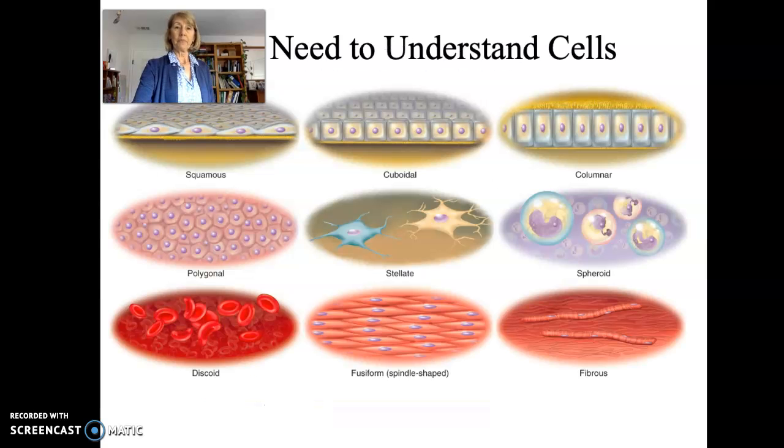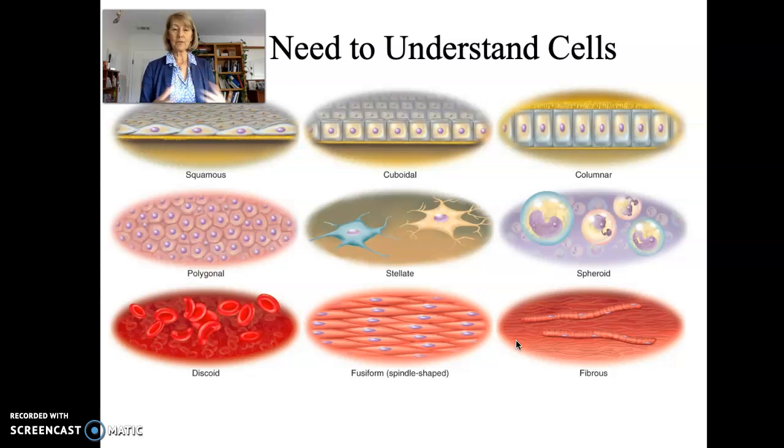Amazing. So to look at cells and shapes, we do this in the beginning of our anatomy course, where cells can be flat. They're squamous. They can be cuboidal. They can be columnar where they're long. They can be polygonal. They can be stellate. So, when you start looking at this, you realize, cell, like we look at the round cell with the nucleus in the middle and the mitochondria, isn't it really not all like that?